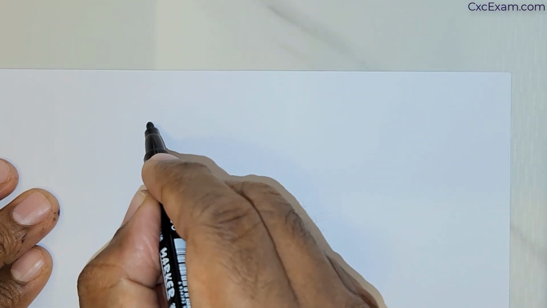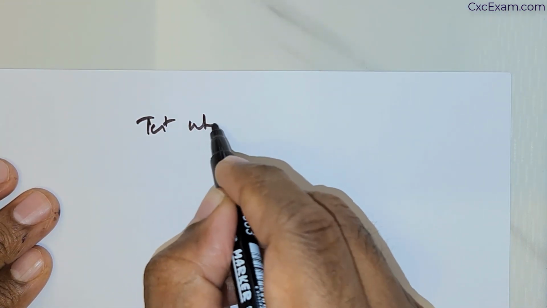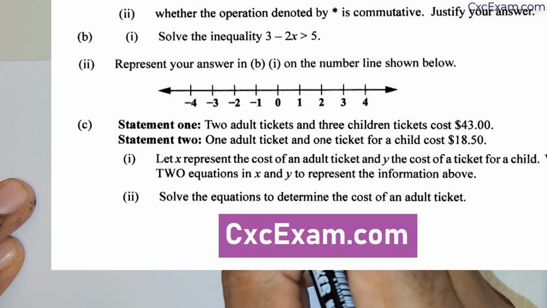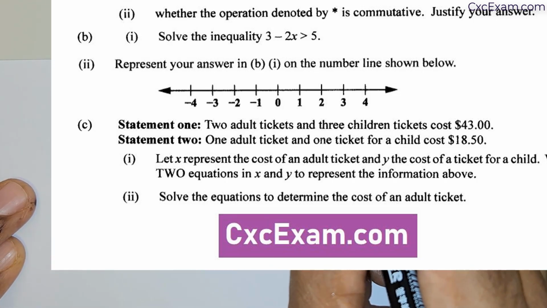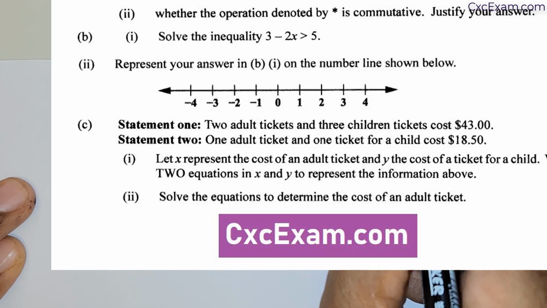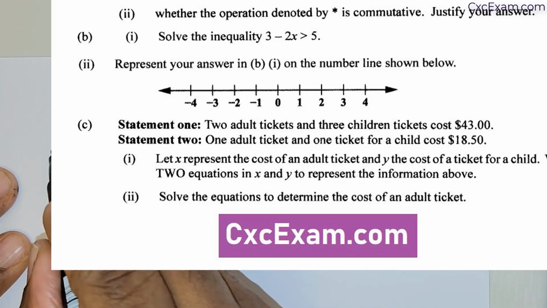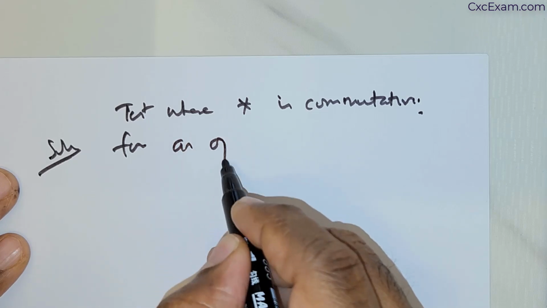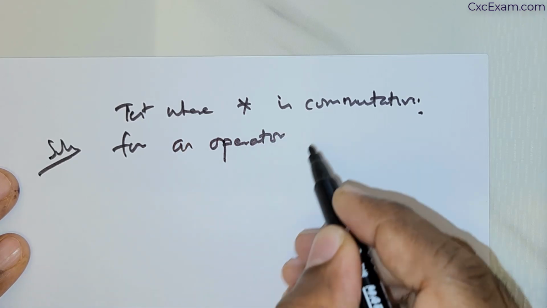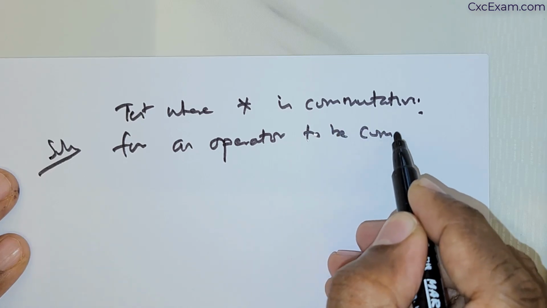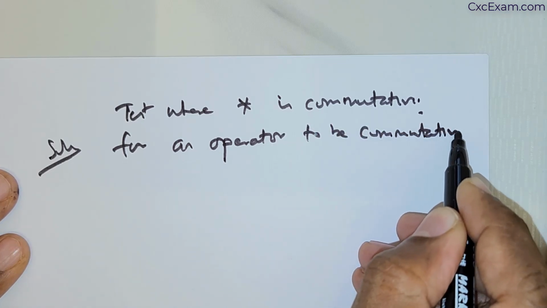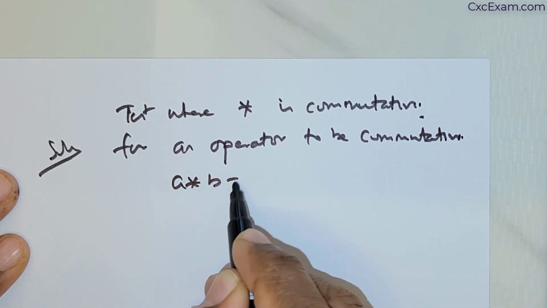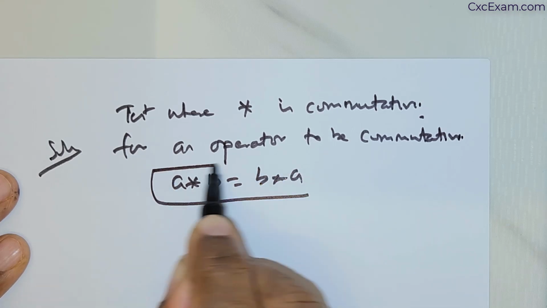Now part 2, it says test whether the star operator is commutative. Now this is the solution. For an operator to be commutative, a star b should be equal to b star a. This is the commutative law.